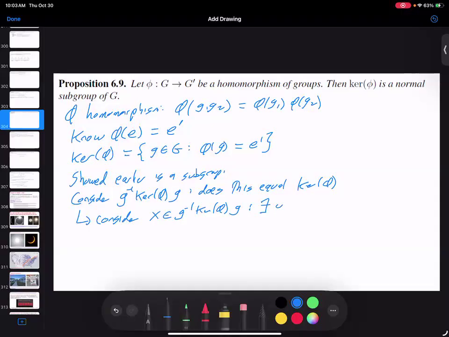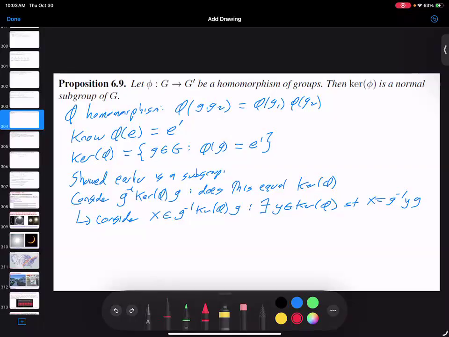There has to exist a y in the kernel of phi such that x equals g inverse y g. Because what does it mean to choose an element in g inverse kernel phi g? It means I have some element in the kernel, and I multiply it on the left by g inverse and on the right by g. So we want to show that this is in the kernel of phi.